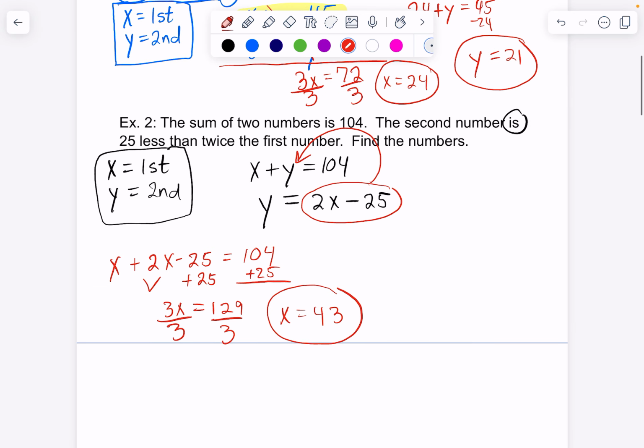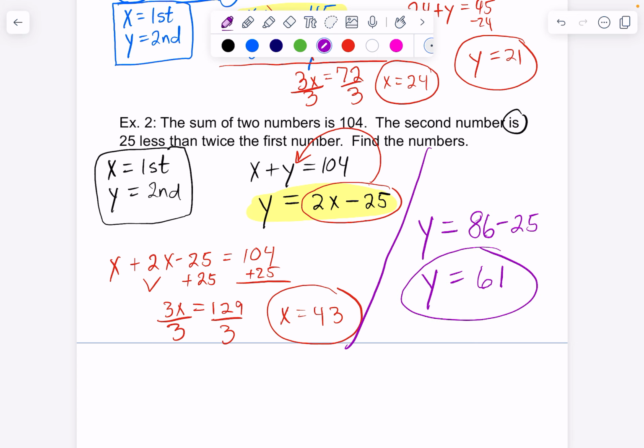And then to find my y, I'm simply going to plug it in to either of the original equations. I'm going to go ahead and plug it into the second one because it's already set up for the y value. So I've got y equals 2 times 43 is 86 minus 25. So y is going to equal 61. And there you have it.